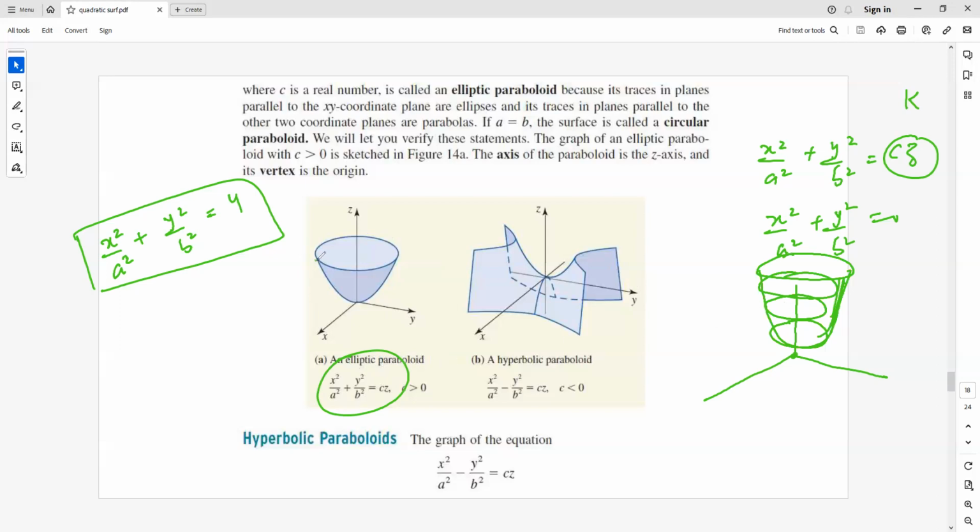And its outer surface, that is its front image or its back image or side image, will look like a parabola. And the cross section is elliptical. That's why this is called an elliptic paraboloid, right?